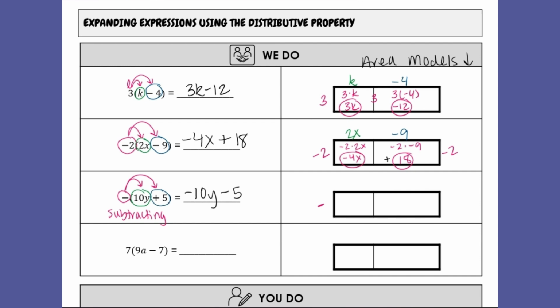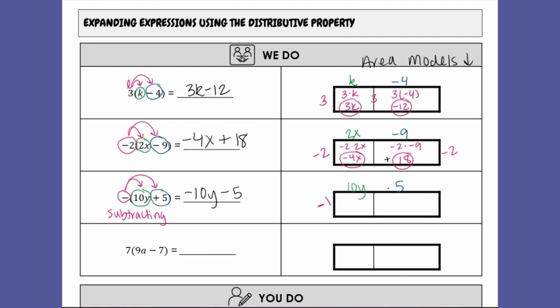Now, if you don't want to think about it as subtraction, you can think about it as multiplication, like we've been doing. That negative on the outside is really like a negative 1, meaning that you're multiplying everything by negative 1. You're not actually changing the number per se, you're just changing the sign of the terms in the parentheses. So when you set up the area model, you still would have 10y there, and then your positive 5 on the right.